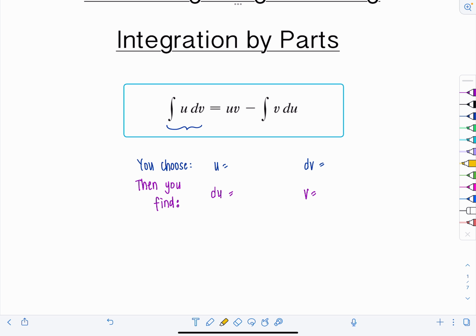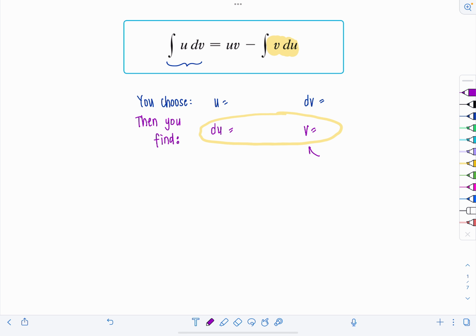Notice right here, what you end up integrating is v times du. So you have to keep that in mind, that this product right here, v du, is what you're going to end up integrating after you choose u and dv. So make sure you do it in such a manner that this product is as simple as possible to integrate.